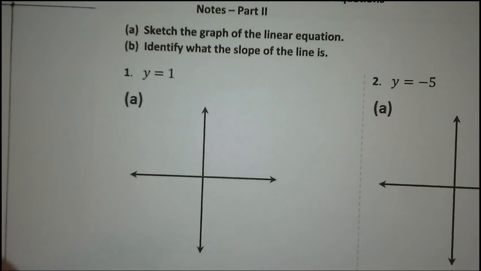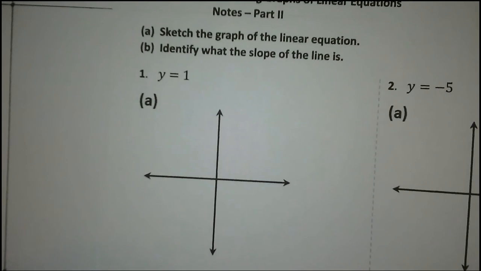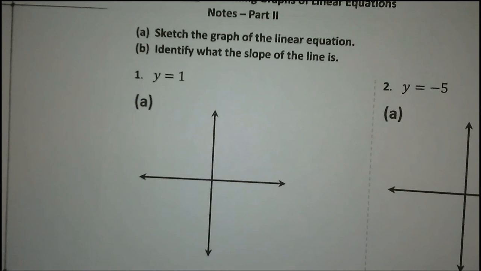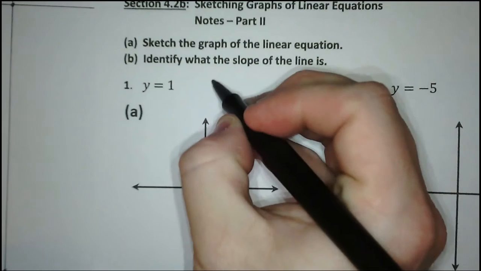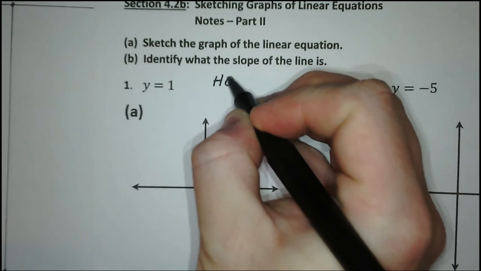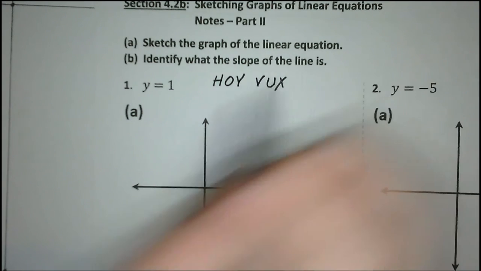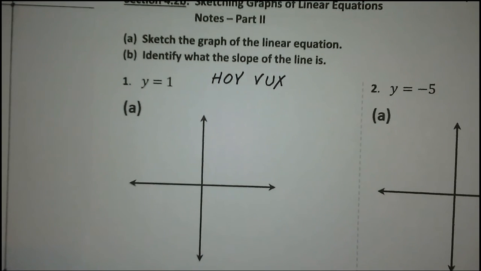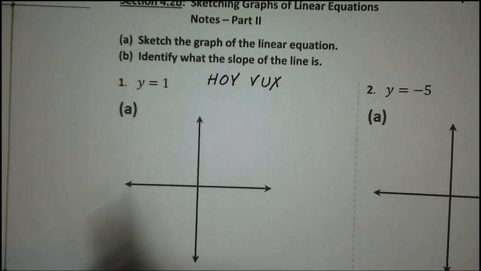But we're going to be trying to follow up here on this equation that only has a y. What does that mean? Here's what it means. This line is going to be horizontal. Remember from the video you probably just got done watching, this memory trick summarizes things quite nicely.